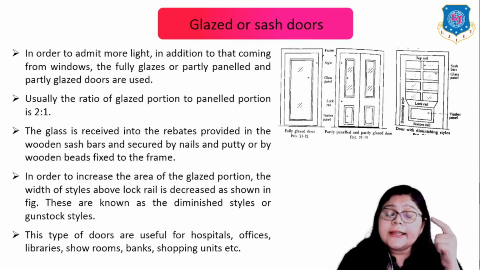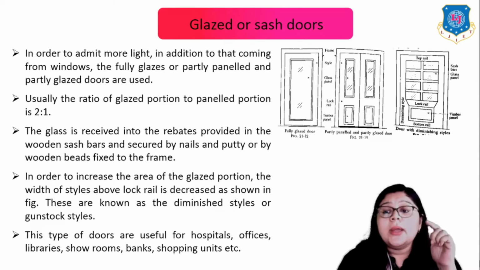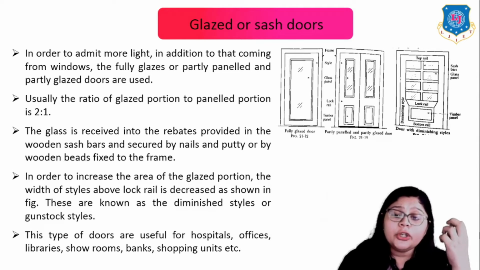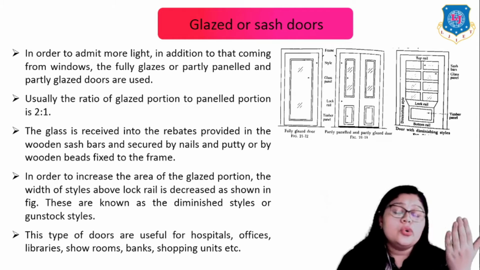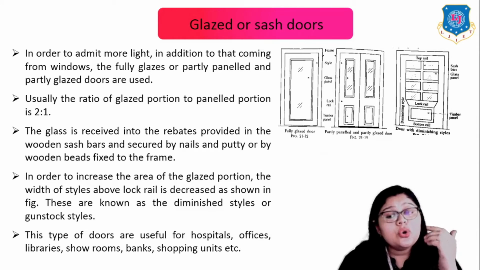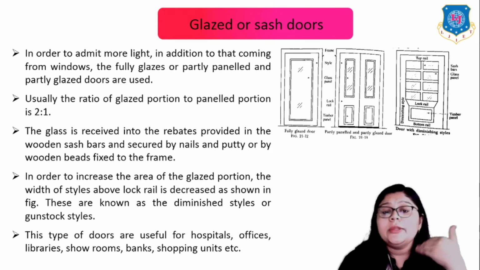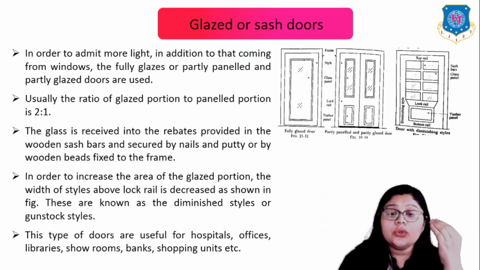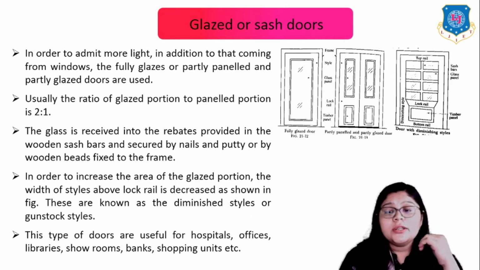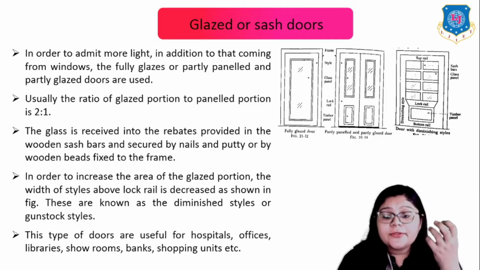Now let's move to the glazed or sash door. Here you can see a clear cross section, where in order to admit more light, in addition to that coming from the window, fully glazed or partly panelled and partly glazed doors are used. Usually the ratio of the glazed portion to the panelled portion is 2:1, and the glass is received into the rebates provided in the wooden sash bar and secured by nails and putty or by wooden beads fixed to the frame.